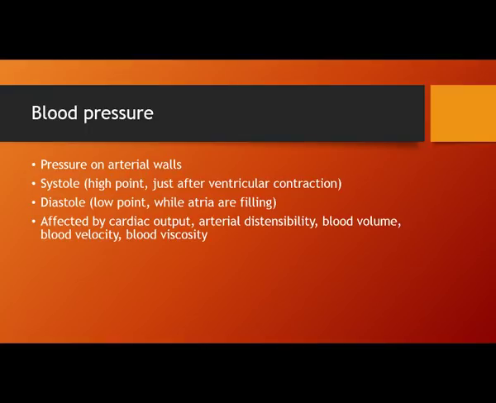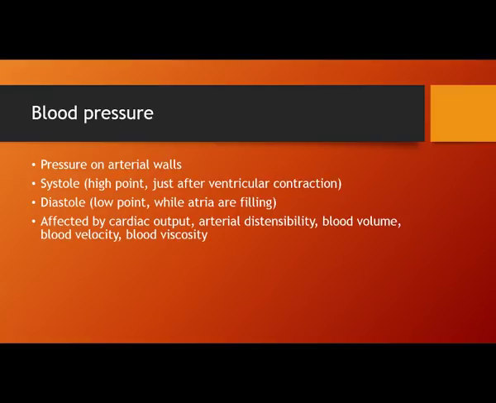Systole begins with ventricular contraction, and that's the high point of the pressure. When that initial spike occurs, the high point of that spike is going to be the systolic blood pressure. Diastolic blood pressure is the low point, and that occurs when the atria are filling.